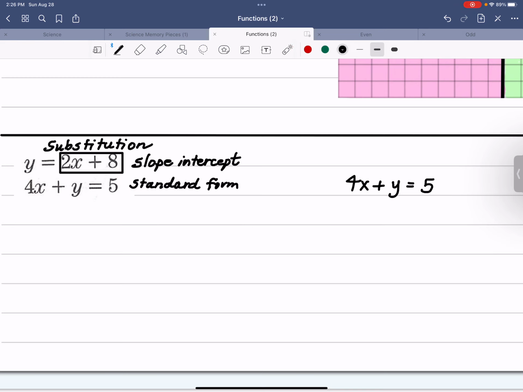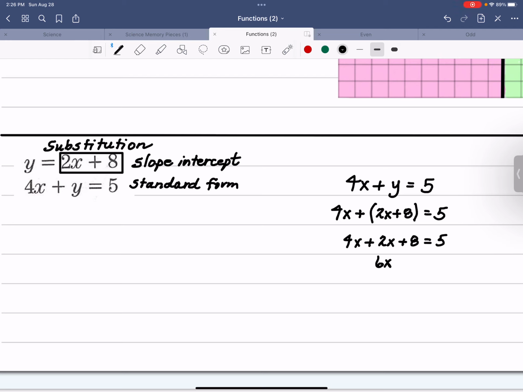So I'll say 4x plus 2x plus 8, that's that value of y, equals 5. So I have 4x plus 2x plus 8 is 5.